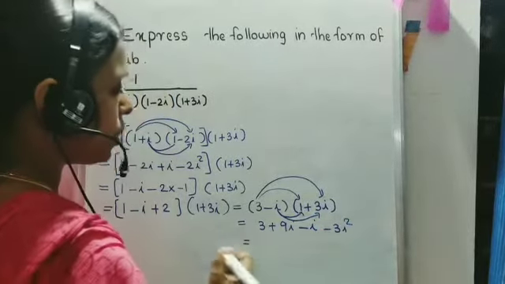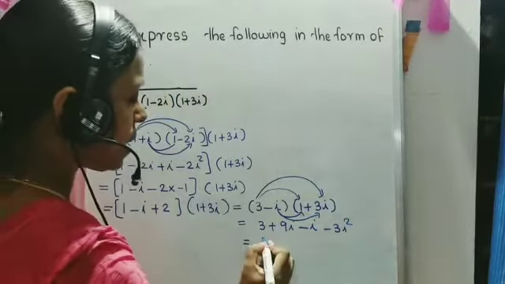That is equal to 3 plus 9i minus i is 8i, minus 3 into i², which is negative 1. We get 3 + 8i + 3. 3 plus 3 is 6, so 6 + 8i.